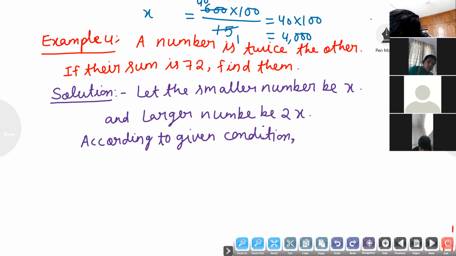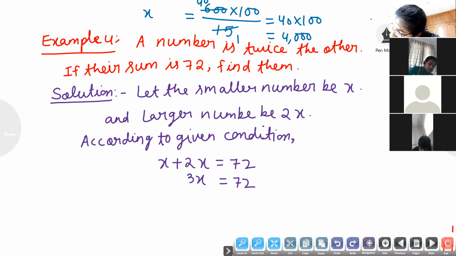The smaller number and larger number sum is 72, means x plus 2x is equal to 72. 3x is equal to 72. Why 3x? Because both are like terms and the signs are the same. 3x is equal to 72, then x is equal to 72 divided by 3, 24. The value of x has come 24.